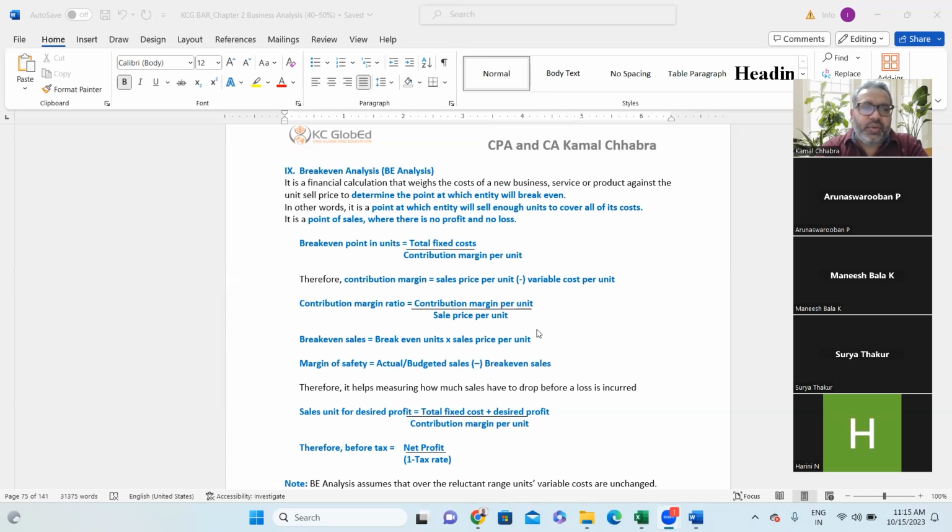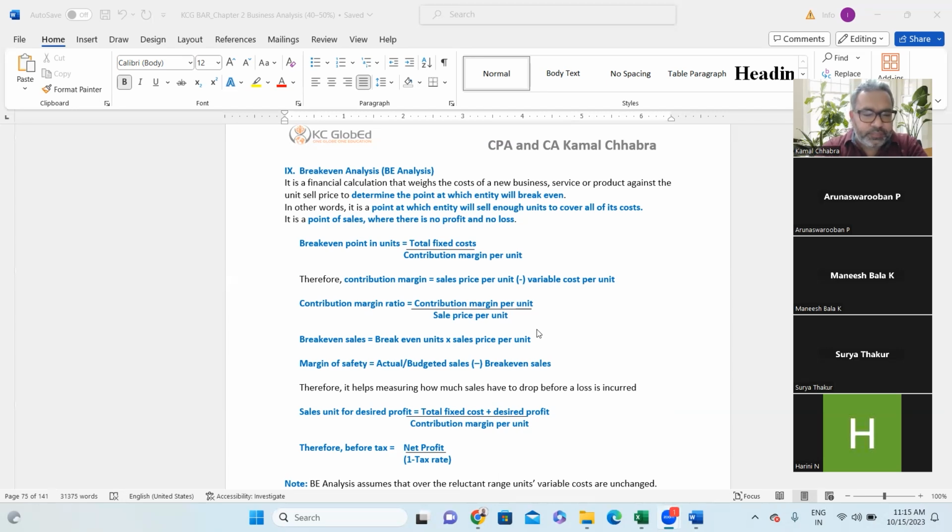Another thing you probably need to calculate is the contribution margin ratio. The contribution margin ratio is contribution margin per unit divided by sales price per unit. For example, let's say $10 is the sales price per unit, and you have a cost of, let's assume, $6 per unit.